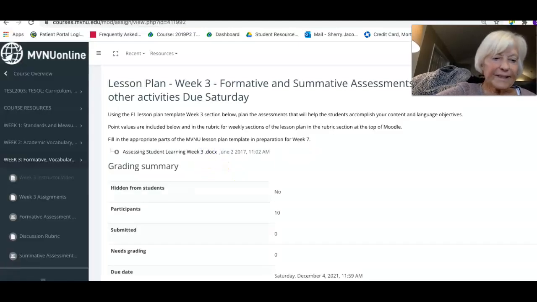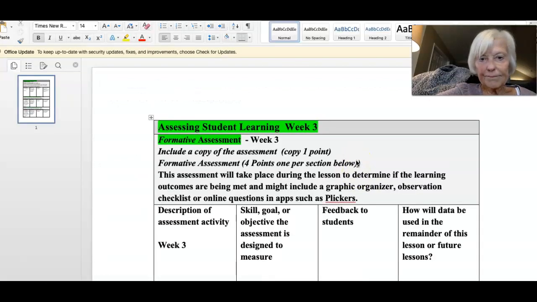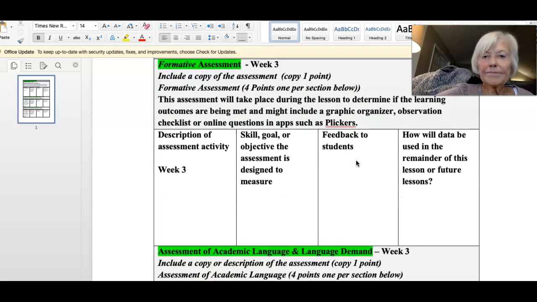So here is the lesson plan for week 3. So you'll notice there's 4 points per section. So you're going to say that you're doing this. For example, I could say that my assessment activity is going to be a Kahoots game.